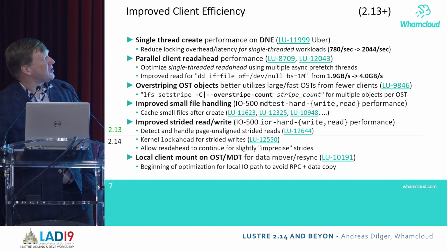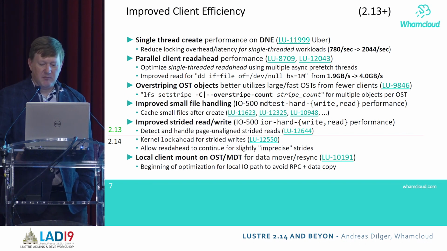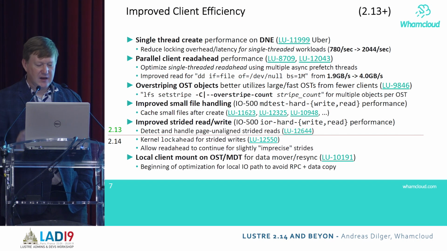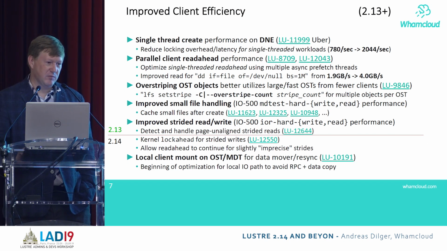So already a bunch of this has been covered in the IO 500. We did quite a bit of optimization on the client side. Metadata performance for DNE, read ahead, overstriping, which is essentially just, the functionality has been in Lustre for years that you could do this. Normally we thought it would be an accident and we prevented people from doing it.